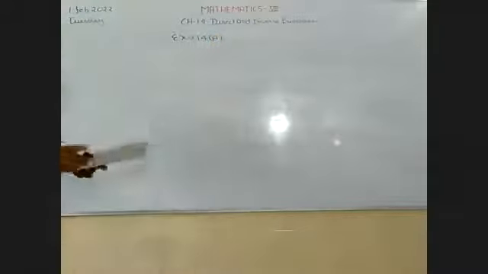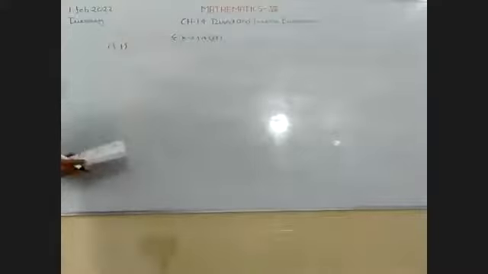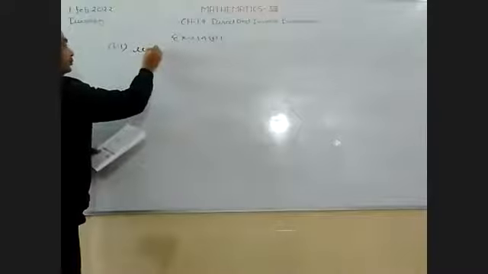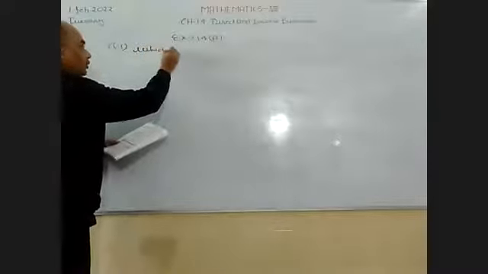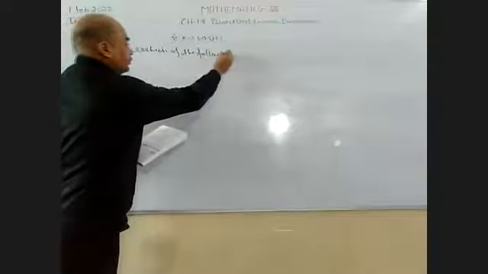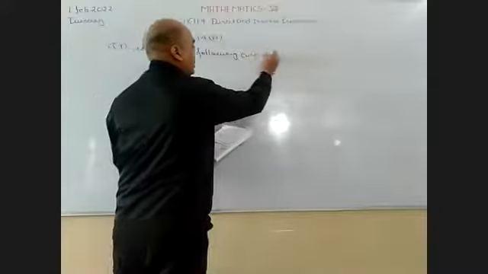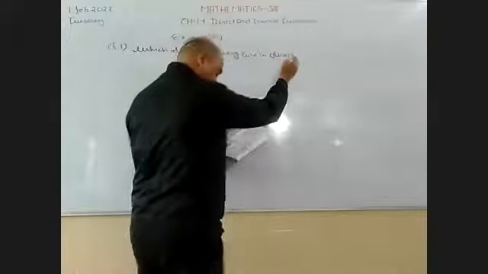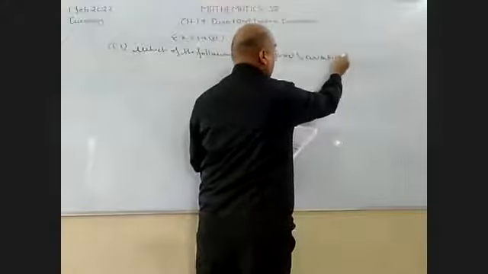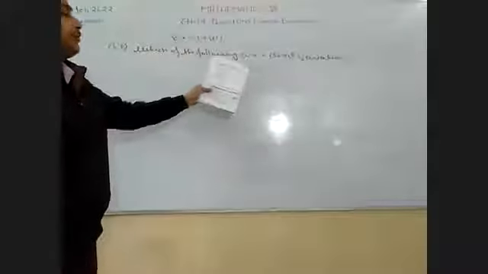Now check the first question. Question number 1. What is given in this question? Which of the following are in direct variation? Now we want to check which one is going to be direct variation.